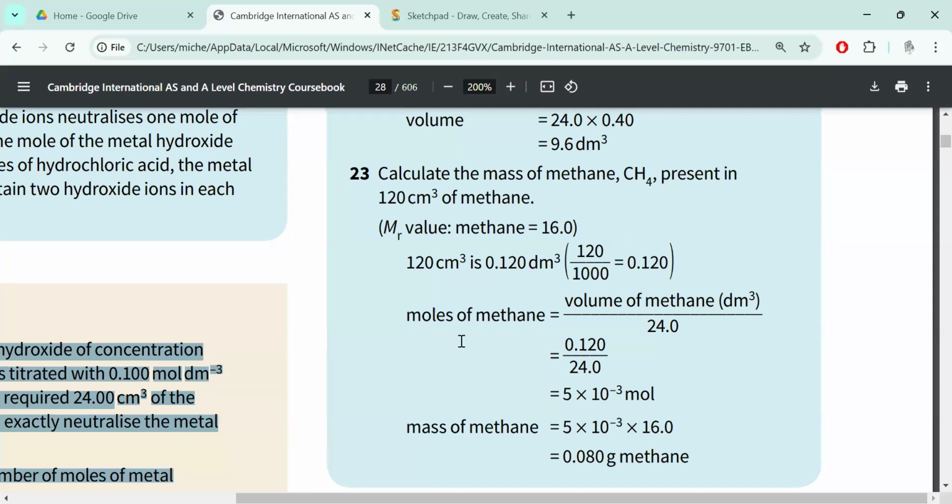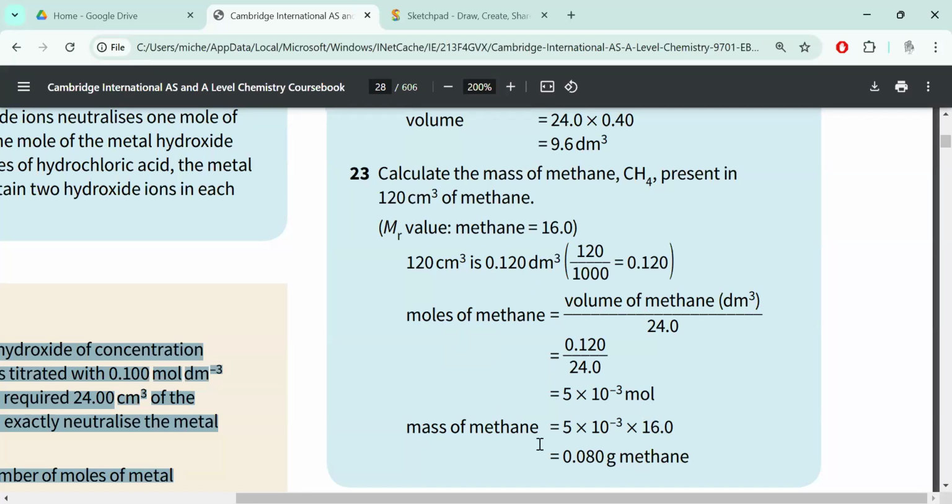First of all, we need to find the moles. The number of moles would be the volume divided by 24. The volume here is 0.120, and we divide by 24. Therefore, we get 5 times 10 to the negative 3 mol. It's negative because it's a decimal.